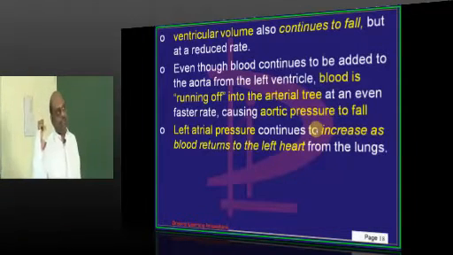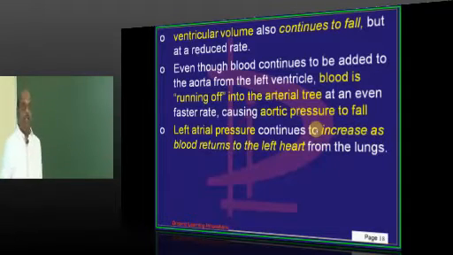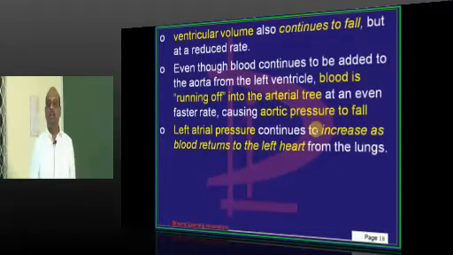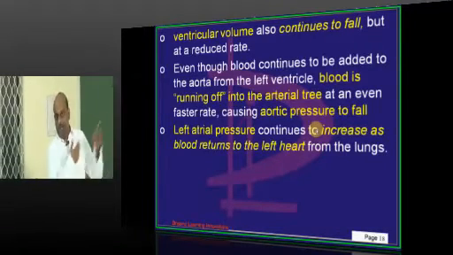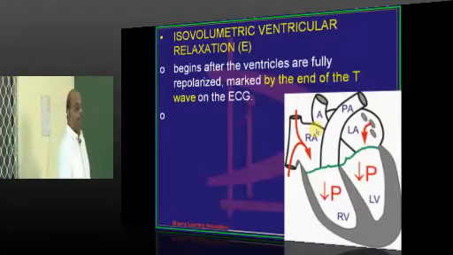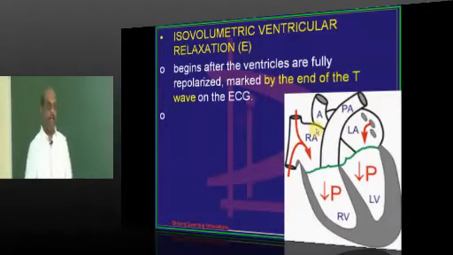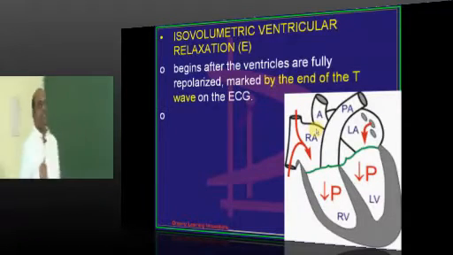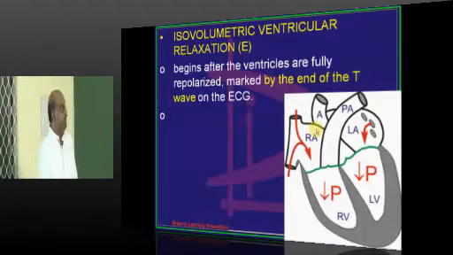And what happens to the left atrium? What is it doing during this time? The left atrial pressure continues to increase because the blood is further returning. More and more blood is entering from the pulmonary veins into left atrium and great veins into the right atrium. Then comes the phase called isovolumic ventricular relaxation.